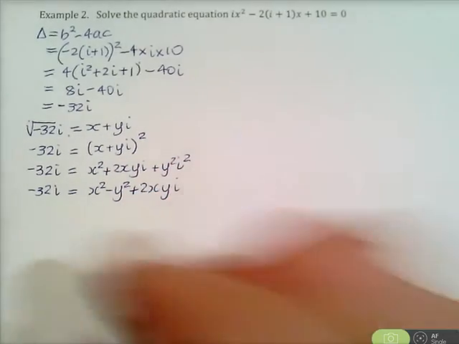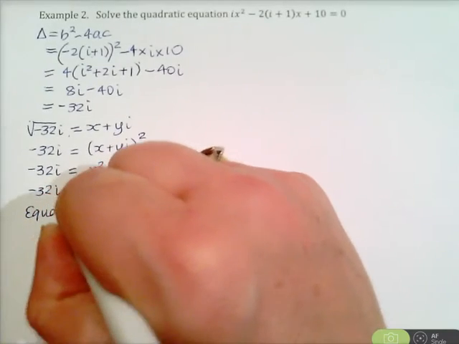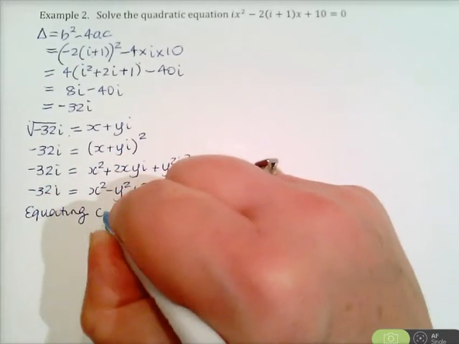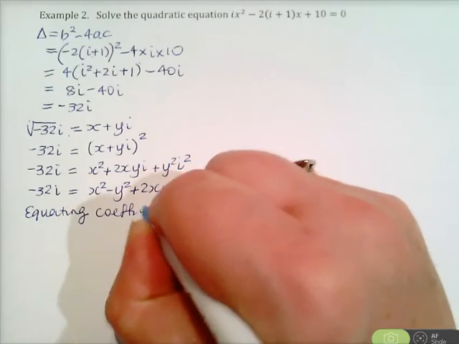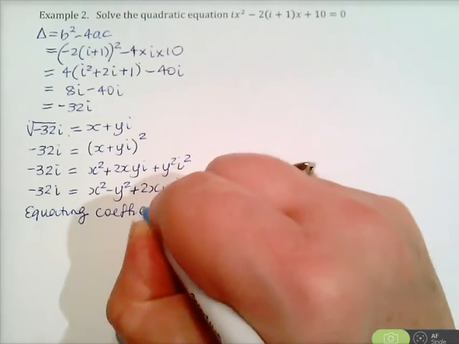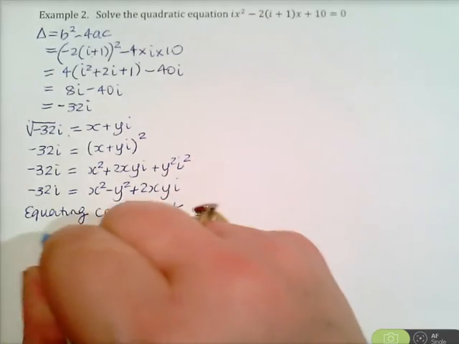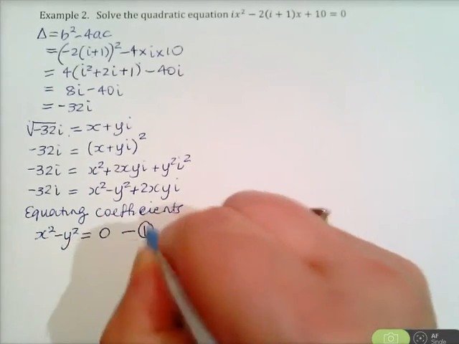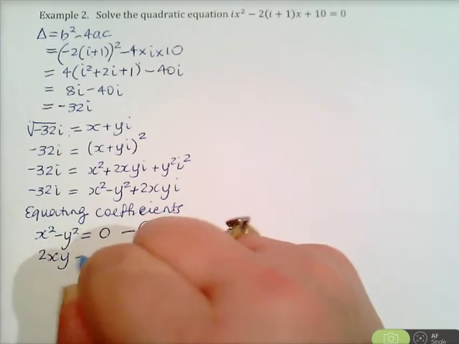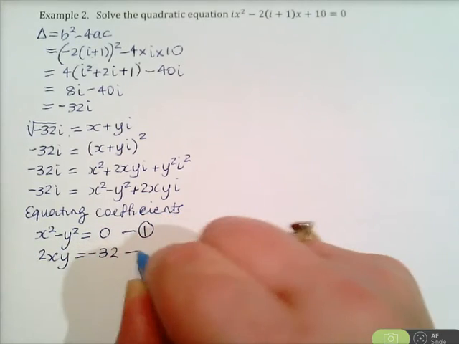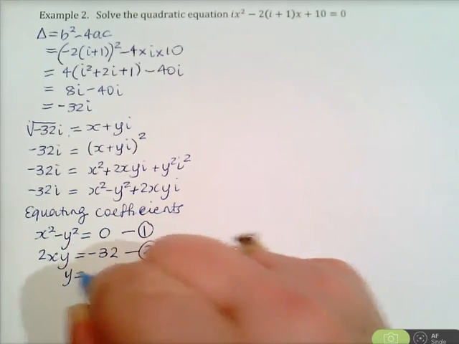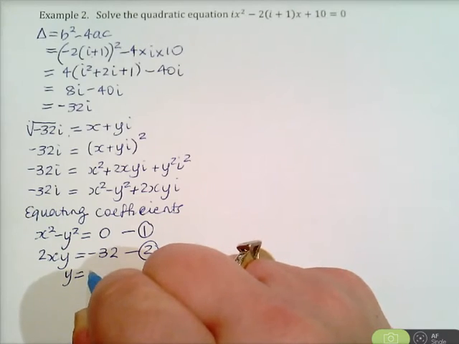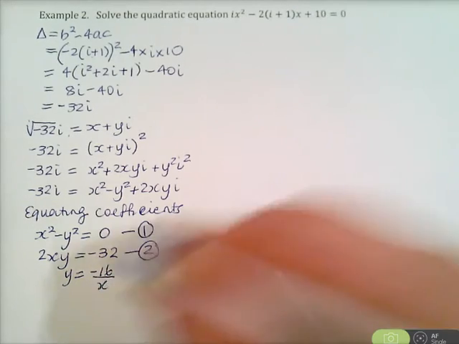Now again, equating coefficients, real and imaginary, we get that x squared minus y squared equals 0, that's equation 1, and 2xy equals negative 32, equation 2, or that y is negative 32 on 2x, which is negative 16 on x.